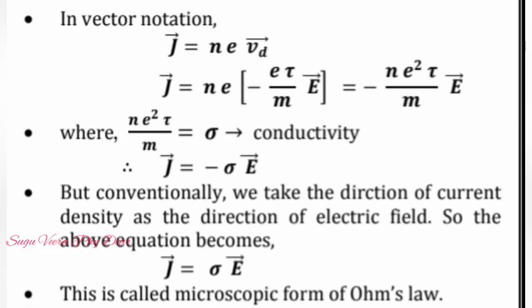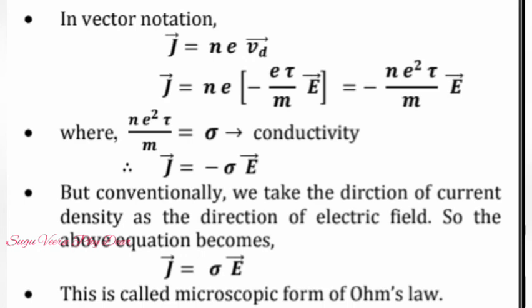Sigma is conductivity. So finally we get J equal to minus sigma E. But conventionally, we take the direction of current density as the direction of the electric field. So the above equation becomes J vector equals sigma into E vector. This is called the microscopic form of Ohm's law.